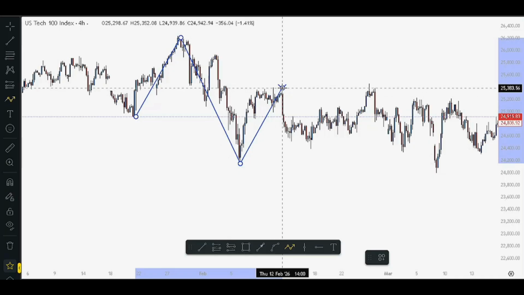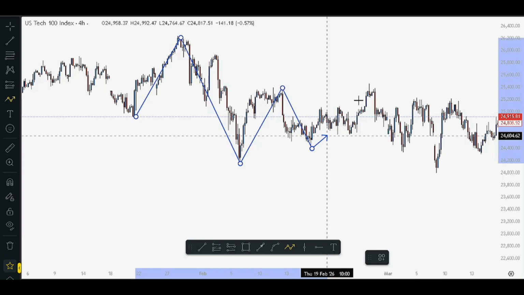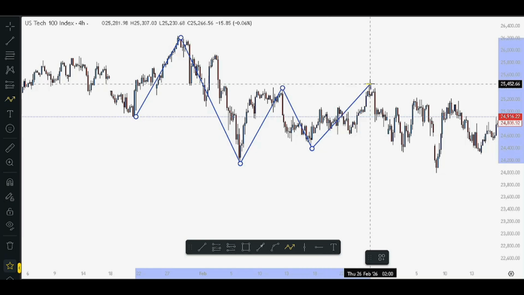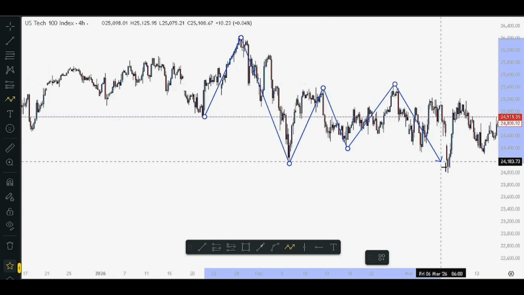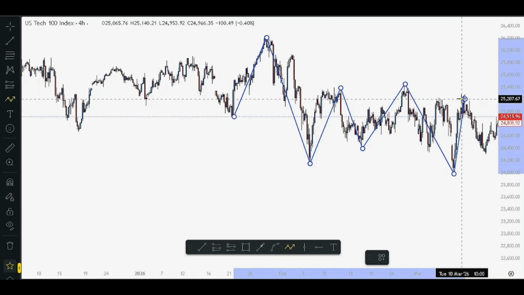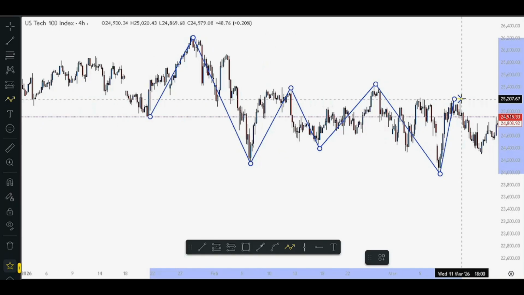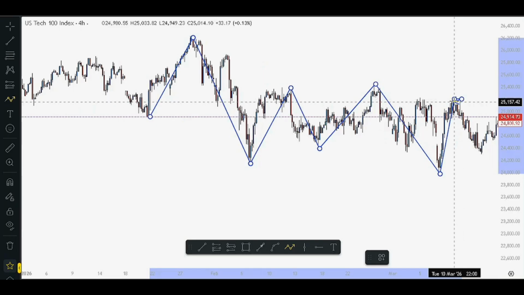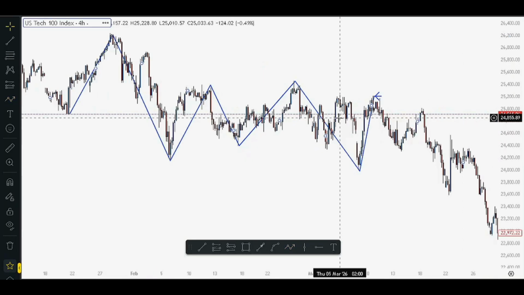It created a low, created another high, also created another low, created another high. Let me just get this sorted out real quick.